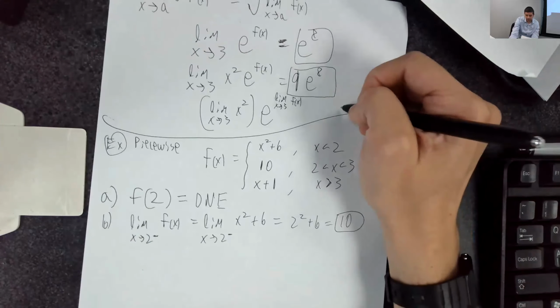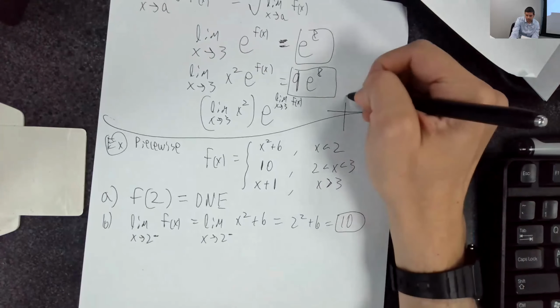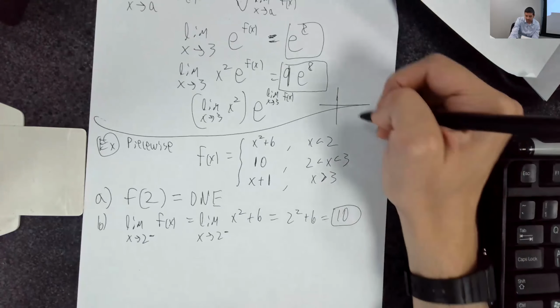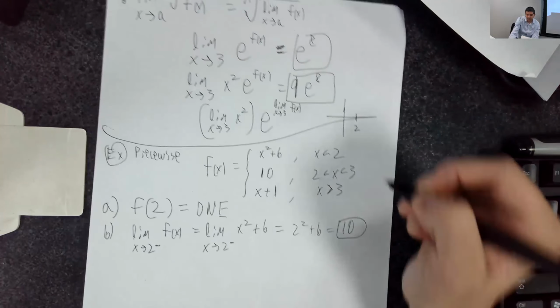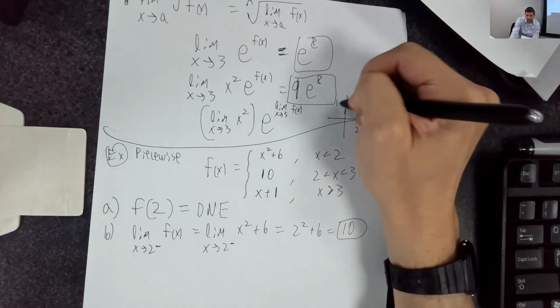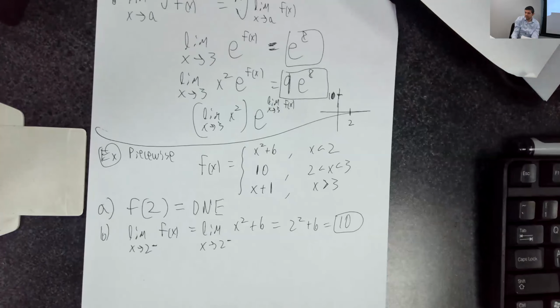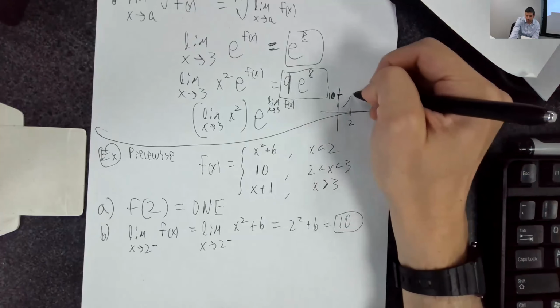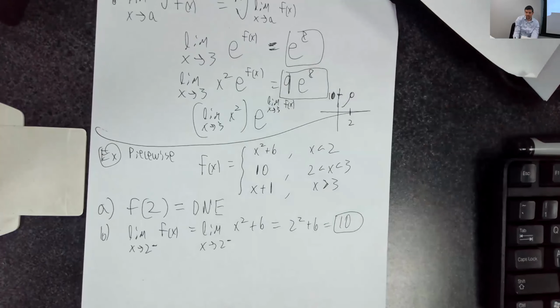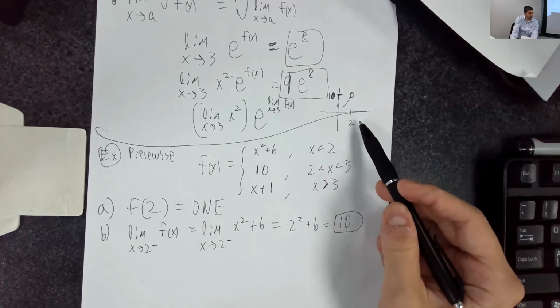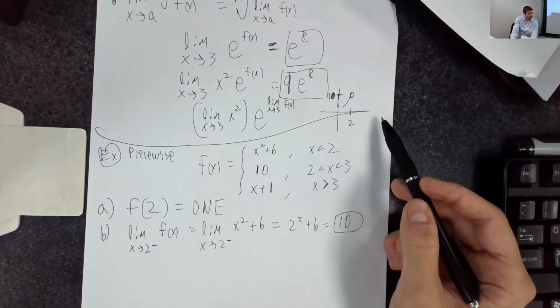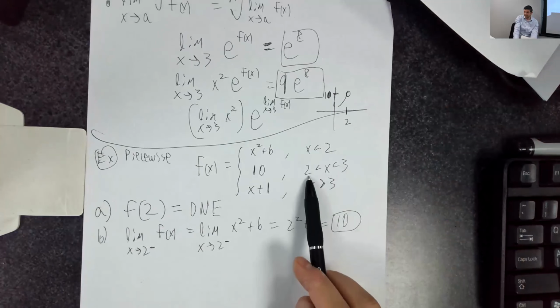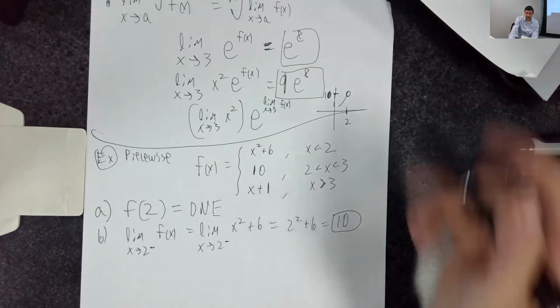So yeah, if I drew this, if I look to the left of 2, I would get a 10 output, right? So that means I'm getting something here with a hole because it's undefined. Now, what happens after 2? Anything goes. It could be anything you want. It happens to be that after 2, it's 10.